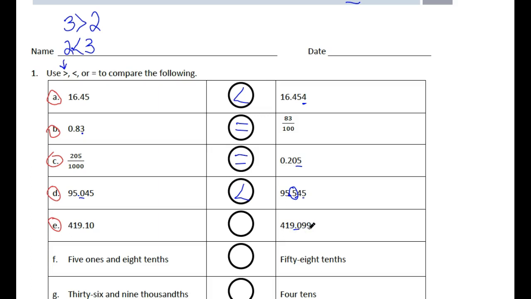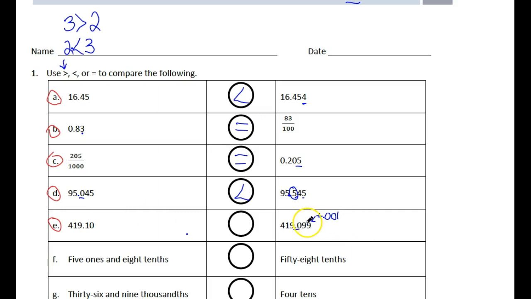This one's really close though. Just imagine if we added right here, 1 thousandth. That means it's going to carry over and it'll bump up the hundredths. And if it bumps up the hundredths, it's going to bump up this one. So these are not the same, but they're so close.